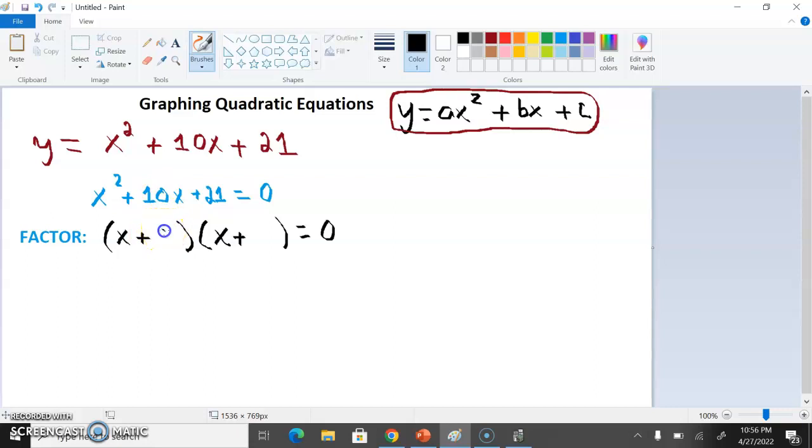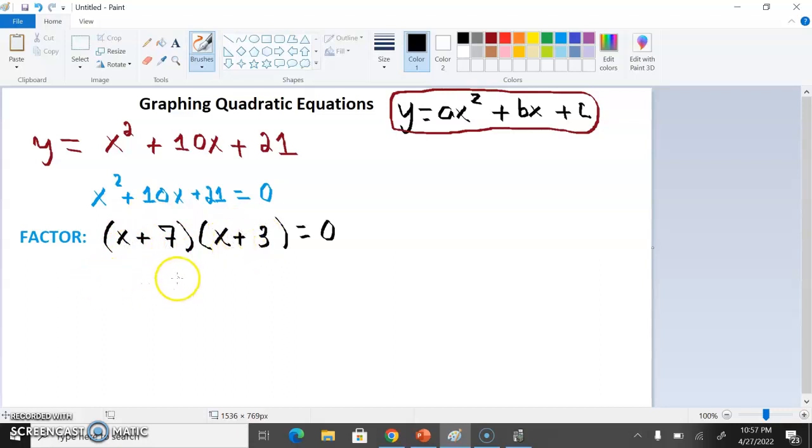We know it's going to be 7 and 3. 7 times 3 is 21. 7 times x is 7x, x times 3 is 3x, and 7x plus 3x is 10x. So that gives me 10x in the middle. We can always FOIL it out to make sure it's the right answer. As we did in class, the factored form of this equation is x plus 7 times x plus 3.